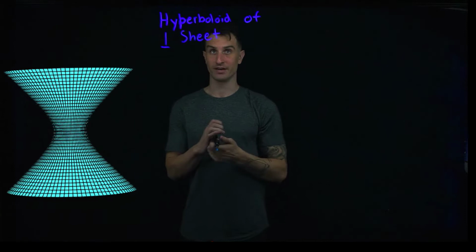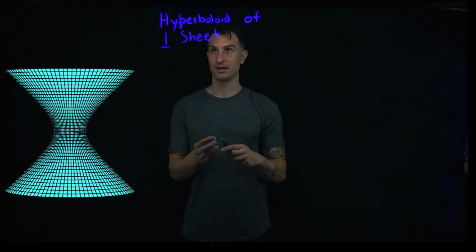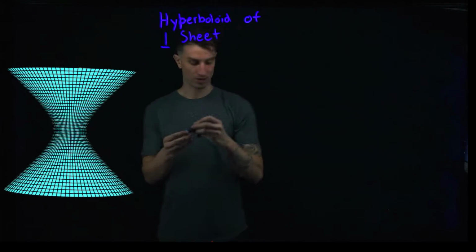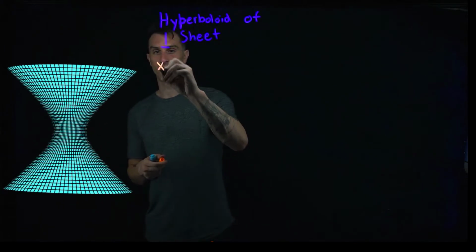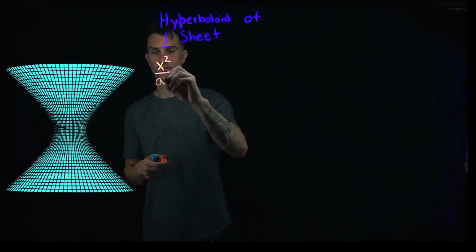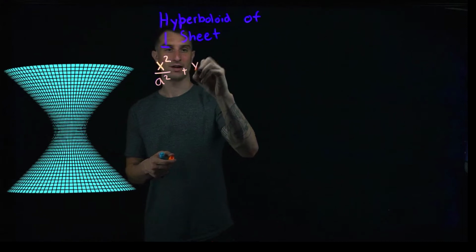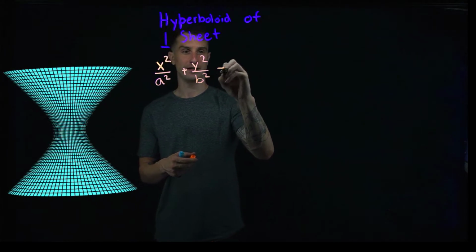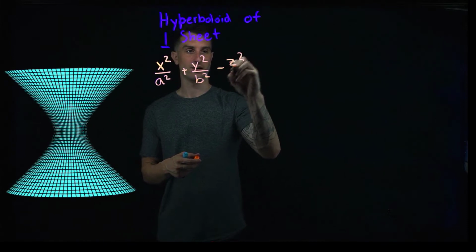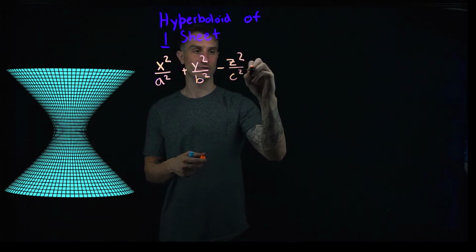We will see one that has two in our next part of this video. But let's write down the equation. We're going to have x squared over a squared plus y squared over b squared minus z squared over c squared is equal to 1.